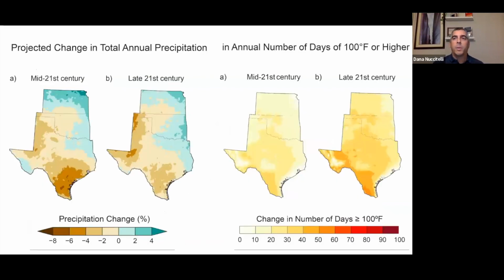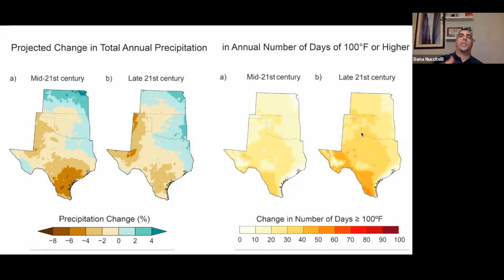And then here's a couple of impacts: on the left, precipitation changes, and on the right, really hot days above 100 degrees Fahrenheit, and how they're going to change on our current path by the middle of the century and the end of the century. You can see a lot of Texas, especially the western part of this region, becoming drier with less precipitation, especially in southern Texas, as the region gets warmer.